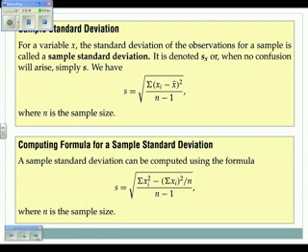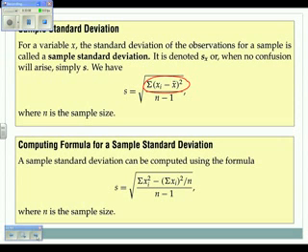Here are the formulas. There are two formulas given for the sample standard deviation. Both of them use S, and really this is going to give you the same answer, whether we use the top formula or the bottom formula. The top formula, if you look at the numerator, does that look familiar?